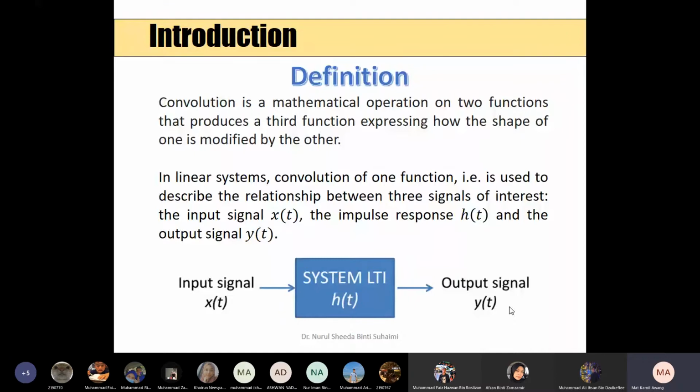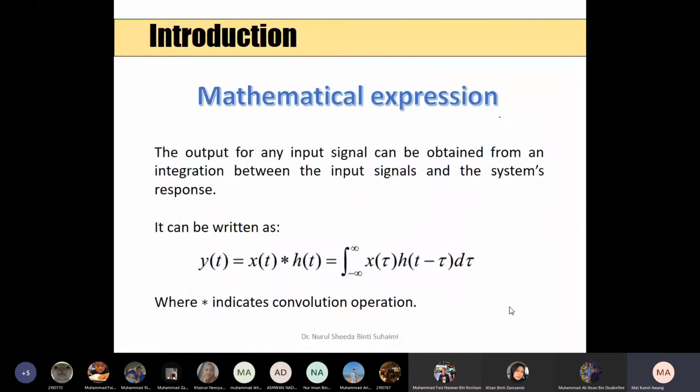So in linear systems, convolution is used to describe the relationship between three signals of interest: the input signal x of t, the impulse response h of t, and the output signal y of t. So you have a signal x of t, will convolve with h of t and produce y of t. This is the mathematical expression of a convolution.